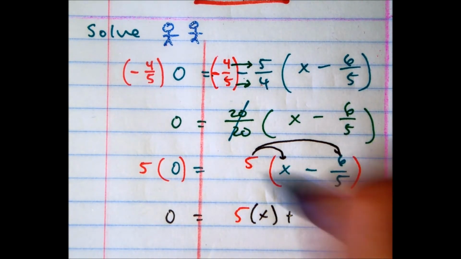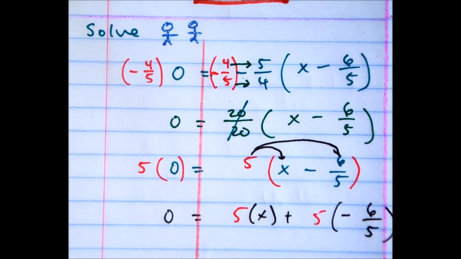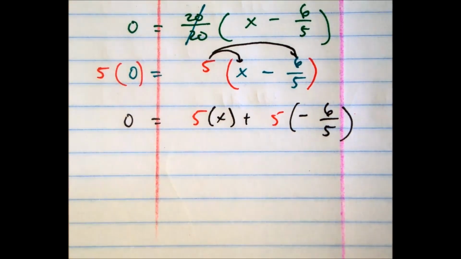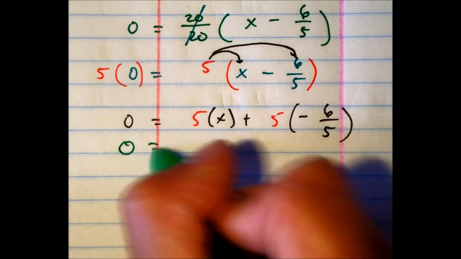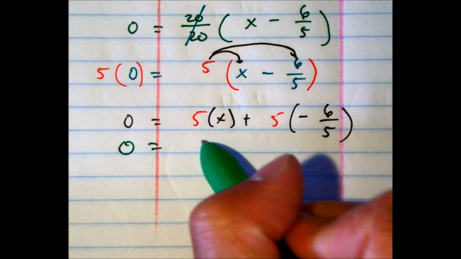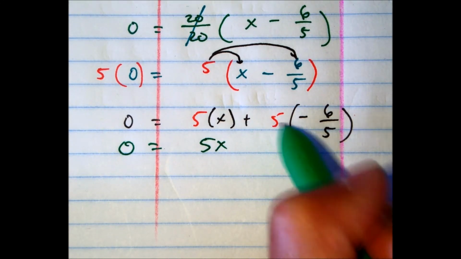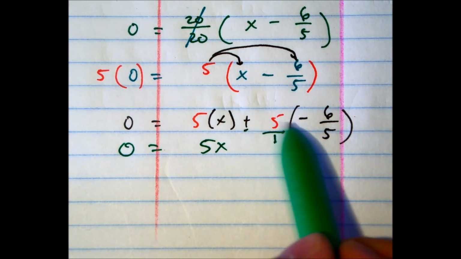Positive. 5 times negative 6/5. Let's simplify. 5 times x. 5x. How do I make this a fraction? 100. Now I can multiply the fraction. Positive times a negative.